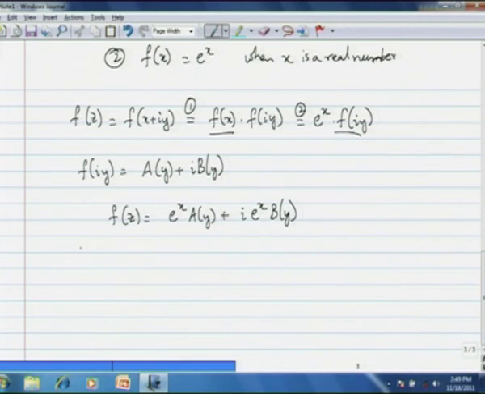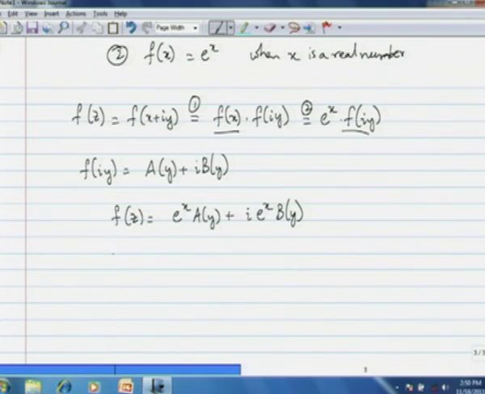So, in particular, the real and imaginary parts of this function should satisfy the Cauchy-Riemann equations. Let us write them down. u of x comma y in this case is e power x a of y, and v of x y, the imaginary part, is e power x b of y.